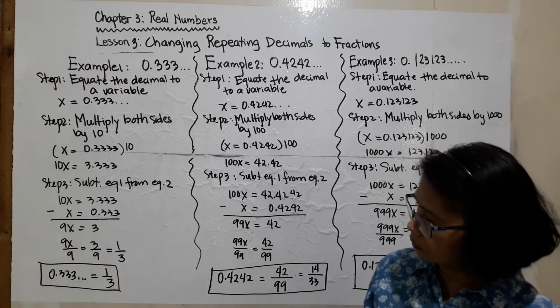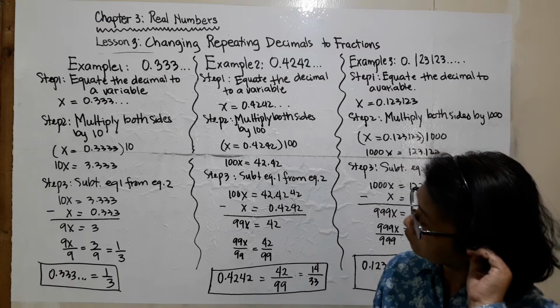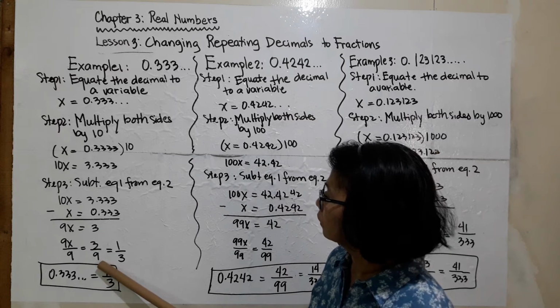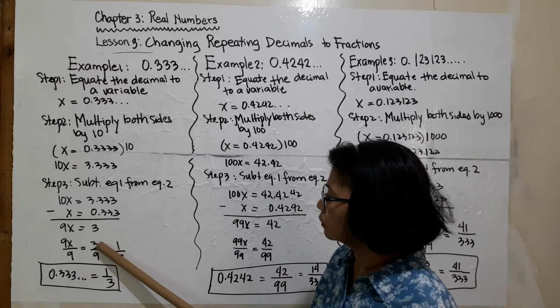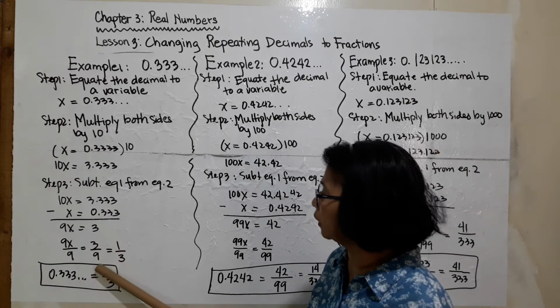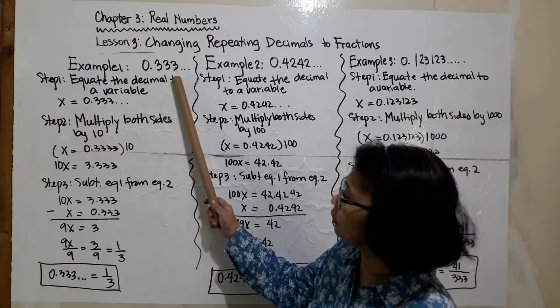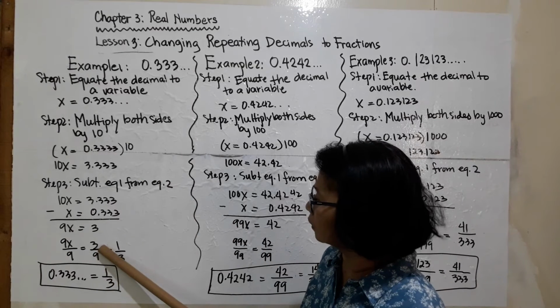So what do you notice with the fraction not in lowest term? Without doing the steps, how can we obtain this? So you just have to remember this. If there is one repeated digit in the decimal, okay, copy the digit once.